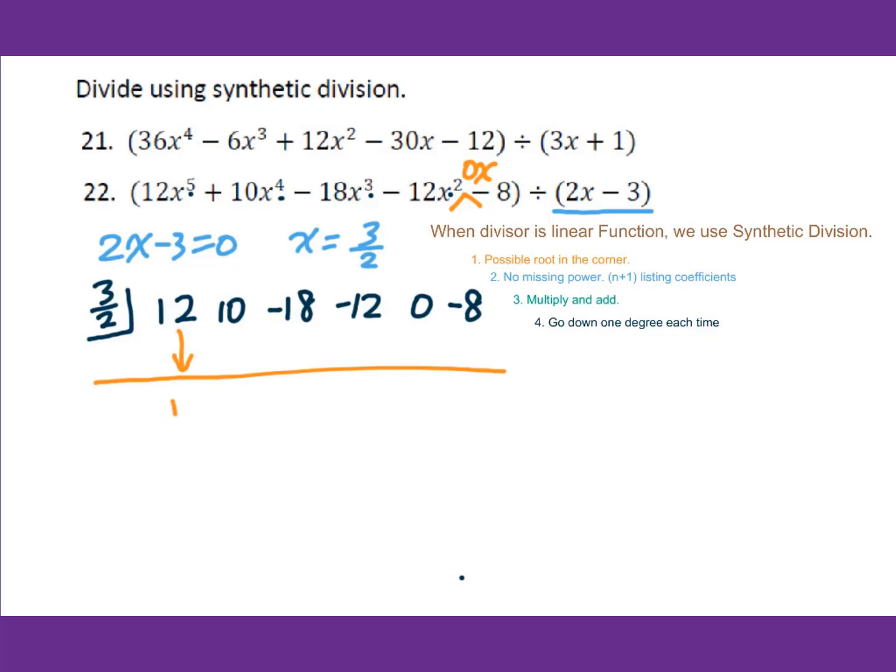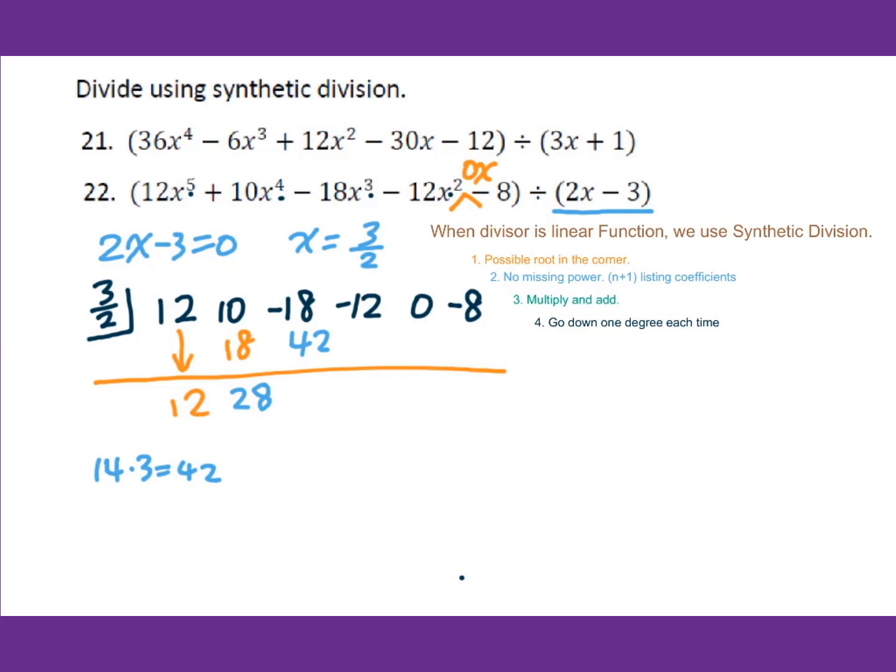Then drop down this 12. 12 divided by 2, then multiply by 3. That's how you do this multiplication. You will get 18. Adding, that is 28. 28 divided by 2, that's 14, times 3, you got 42. So we got 42.